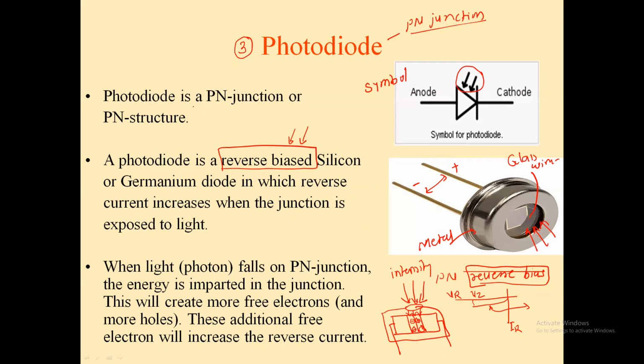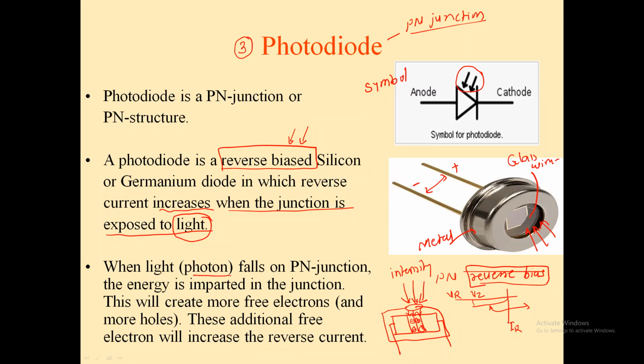The photodiode is a PN junction diode. A photodiode is specially designed to operate in a reverse bias, and it is made of silicon and germanium, in which the reverse current increases when the junction is exposed to light. It means that this photodiode is a function of the light energy falling on it.